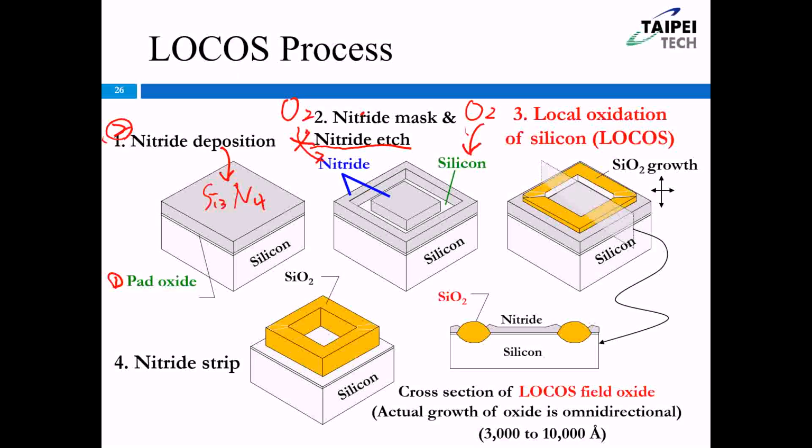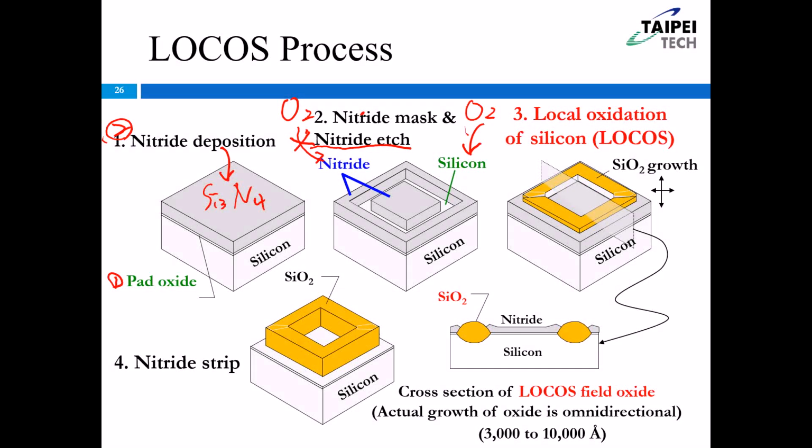If I cut from this plane, we can see the cross-section view. The yellow region here and the yellow region here, those two yellow regions, we call LOCOS.